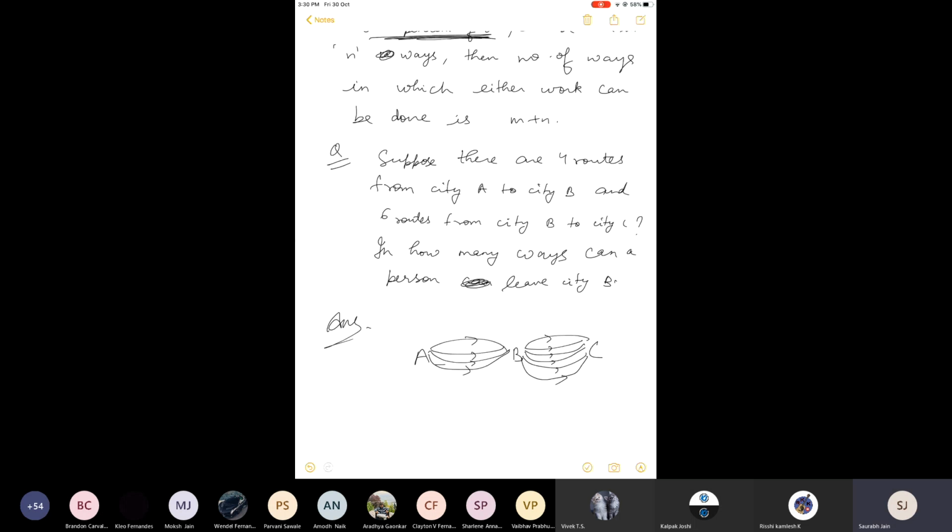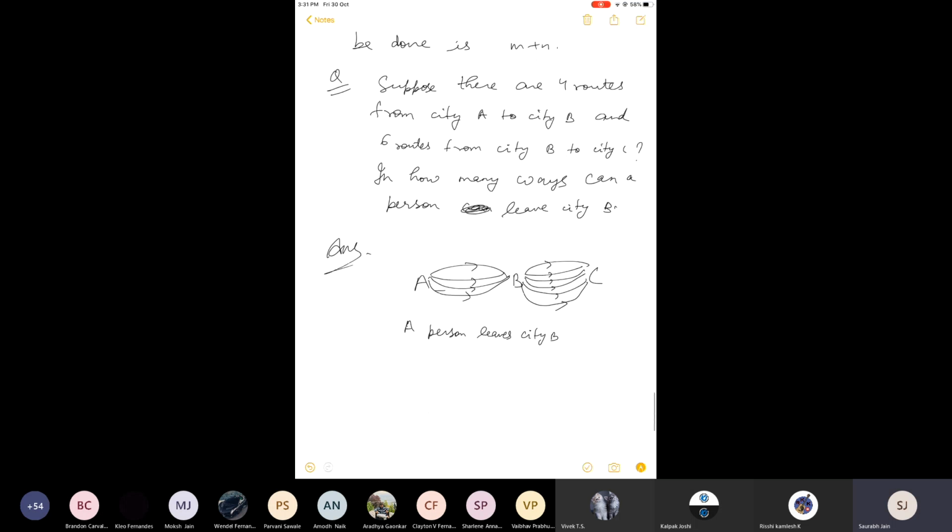Now we are not multiplying because a person leaves city B. If he goes to city A, or if he is going to C, this is independent. What does it have to do with city A if he is going to C, and if he is going to city A, what does it have to do with city C?